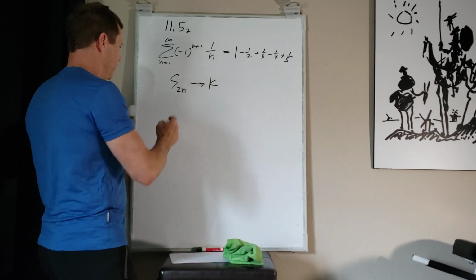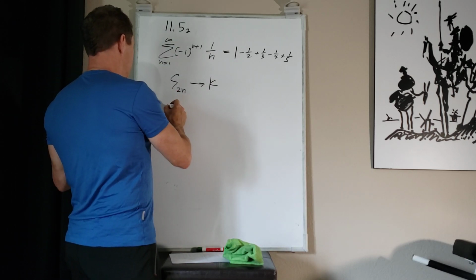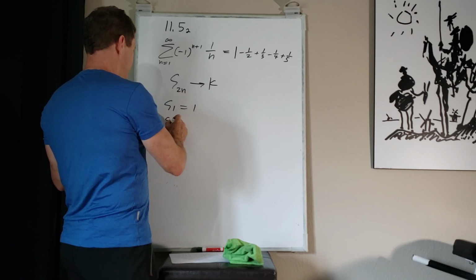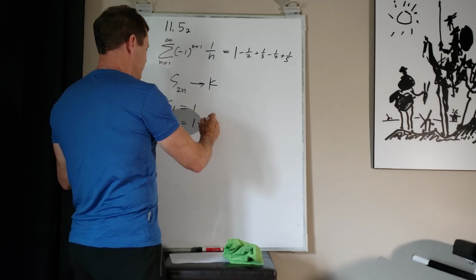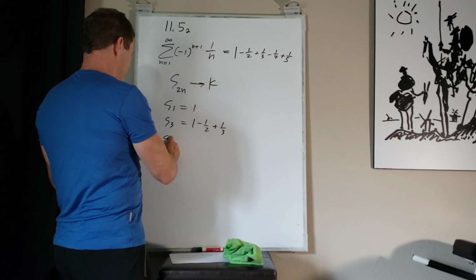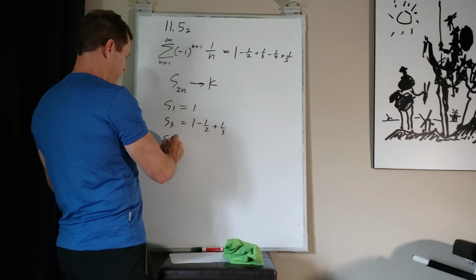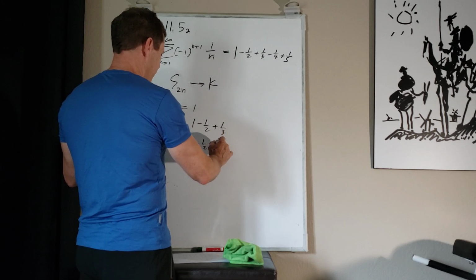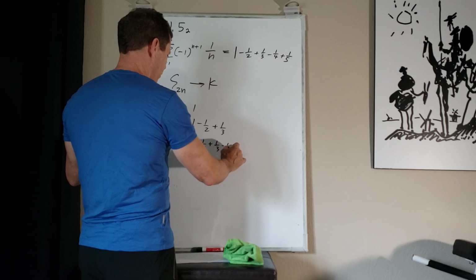How do we get an odd number out of this? Look at the odd ones. So what's S1? S1 equals 1. S3 equals 1 minus a half plus a third. And S5 equals 1 minus a half plus a third minus a fourth plus 1/5.